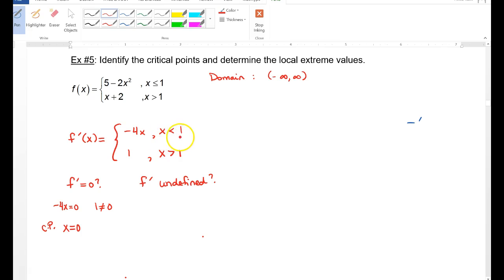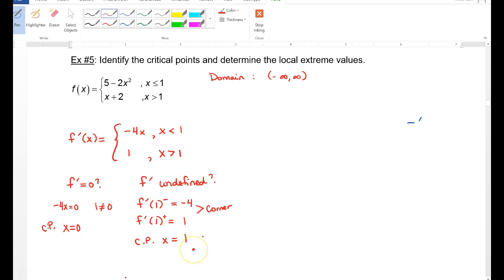If you plug in the values for the derivative, for example, if I look at the derivative at 1 from the left, I get negative 4. If I look at the derivative at 1 from the right, I get 1. Since these are not equal, they have different slopes from the left and right, that's a corner. So we have another critical point at x equals 1, because that's where it switches.